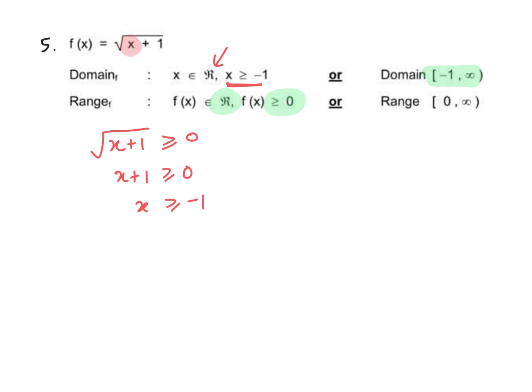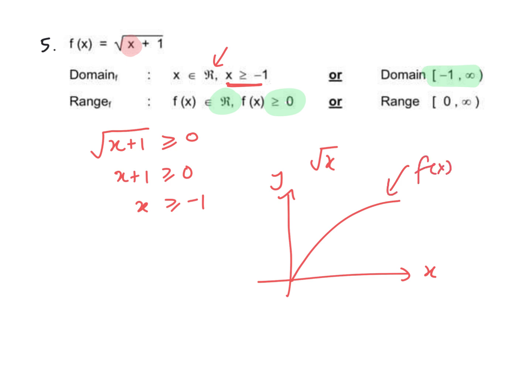If you recall the basic graph of root of x, it has this kind of shape, so the values of f(x) are always greater than or equal to 0. That's the range, and in interval notation it is 0 included until infinity.